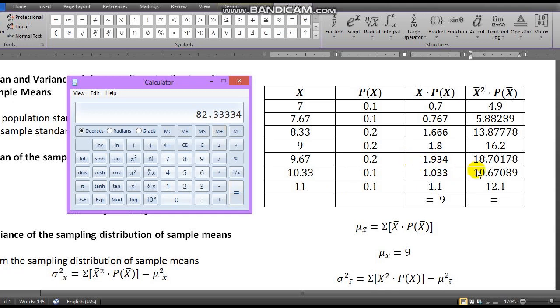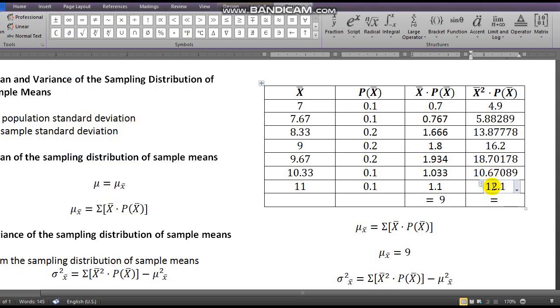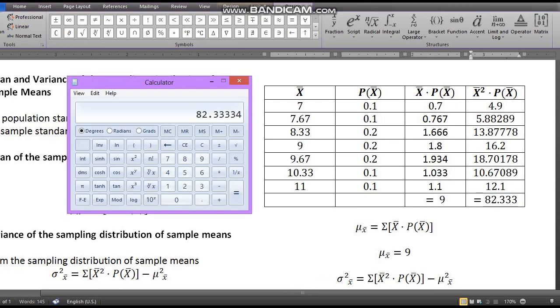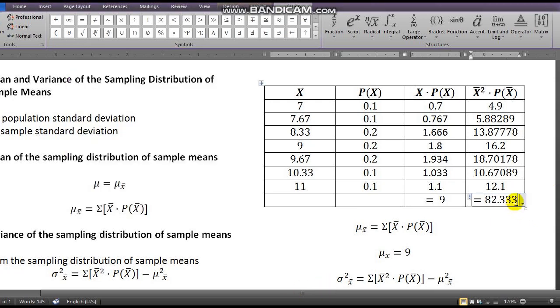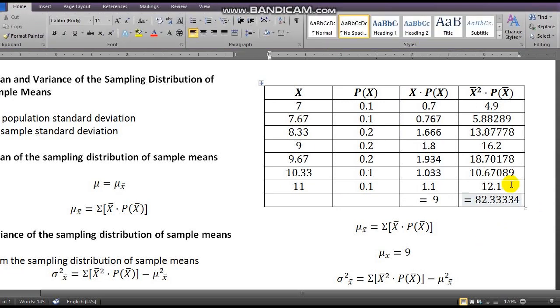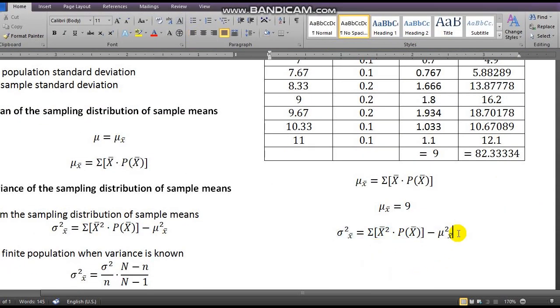It's 82.33334. So that's quite a lengthy number. So that will be used in this part here.